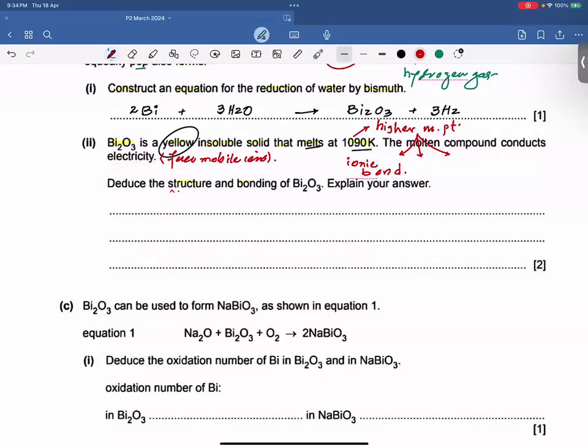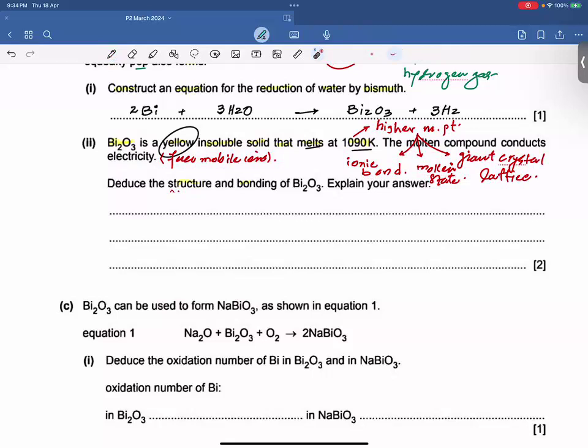Second information is it exists in molten state, and the next one is that it must have a giant crystal lattice structure.